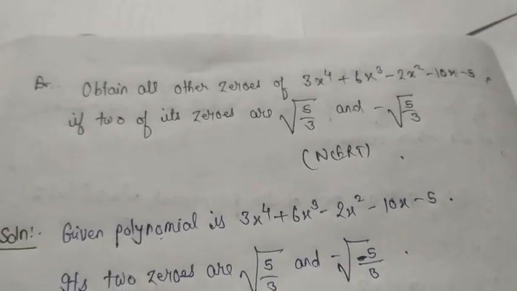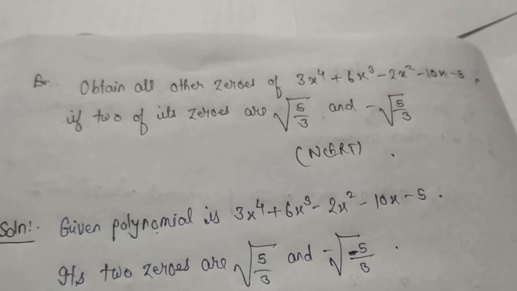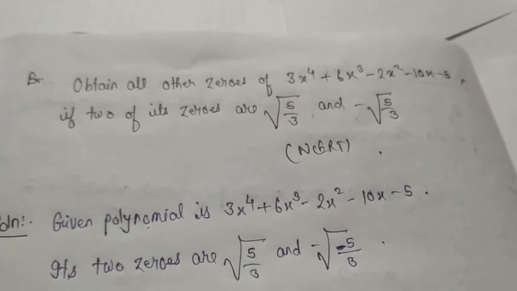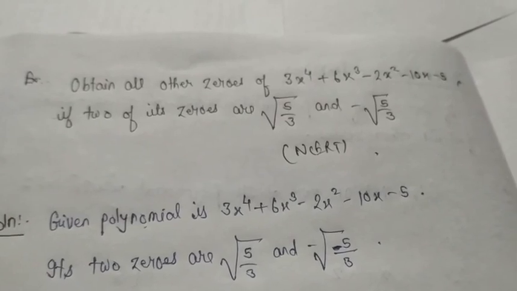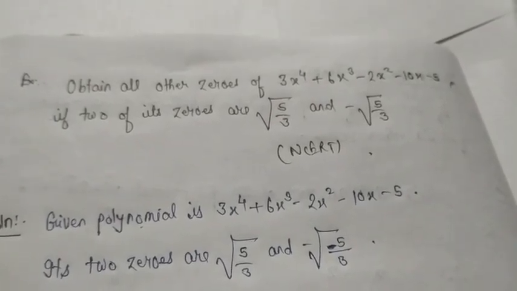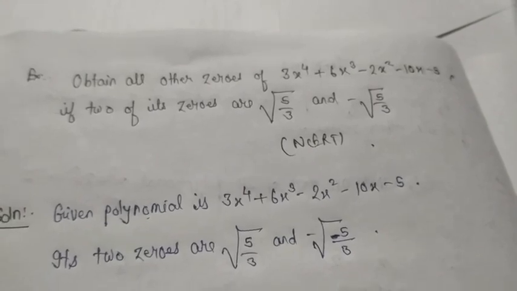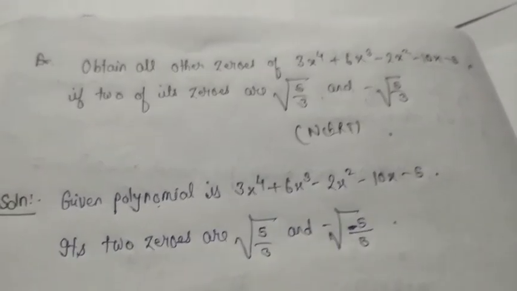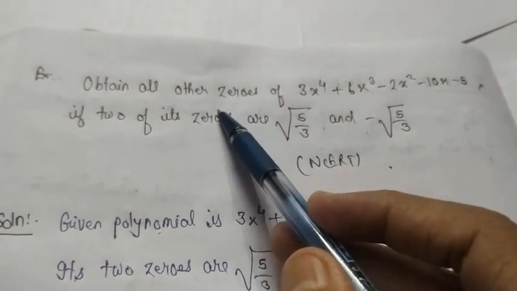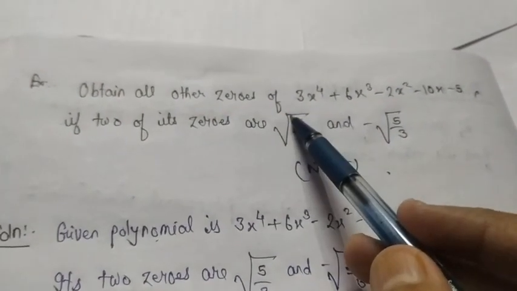obtain all zeros of 3x to the power 4 plus 6x cube minus 2x square minus 10x minus 5, if two of its zeros are under root 5 by 3 and minus under root 5 by 3. Okay. See, we have to find all the zeros of a polynomial.